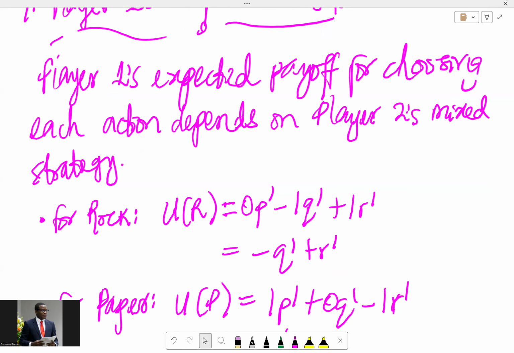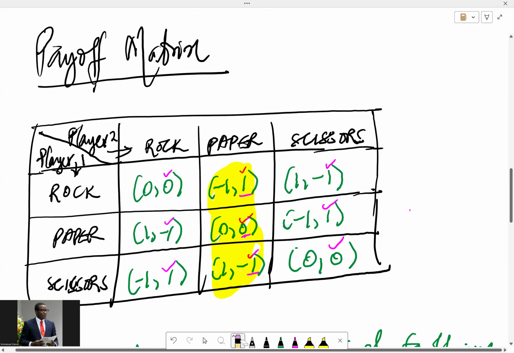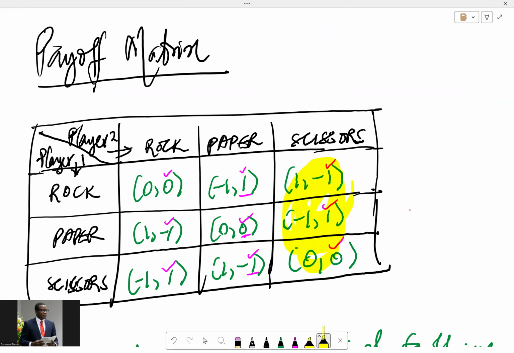So for scissors also, that's scissors for player two now. For scissors for player two, we have -1, 1, 0.